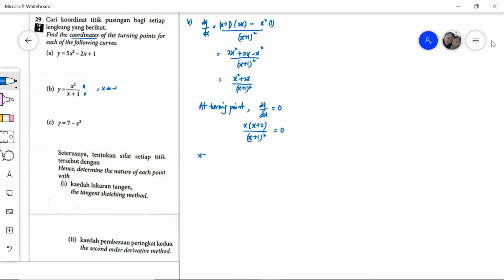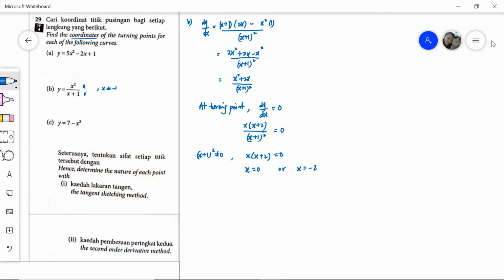We know that x plus 1 can never be 0, otherwise this fraction doesn't exist. Therefore, the factor that contributes to the 0 must be x bracket x plus 2. Therefore, we have x equals 0 or x equals -2.